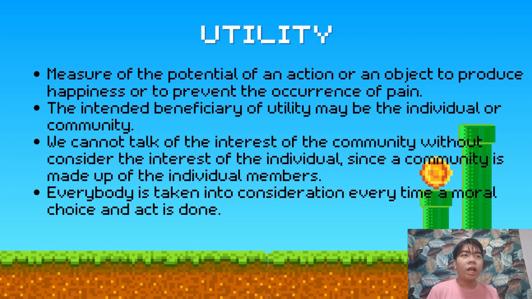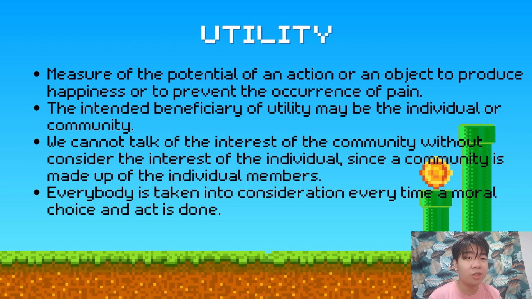So there can be no better statement for democratization of pleasure and avoidance of pain than this. It ensures that everybody is taken into consideration every time a moral choice is made or a moral act is done. While believing this philosophy, he also stated something that defends egoism, which is kind of contradictory.